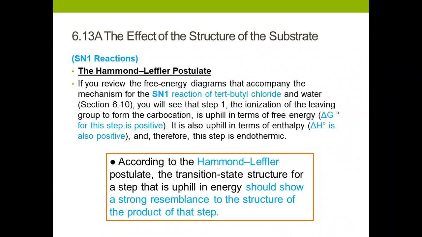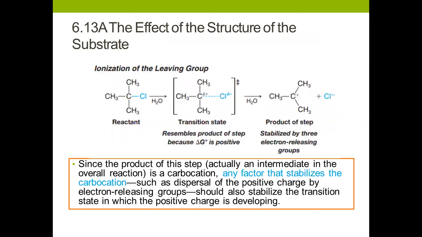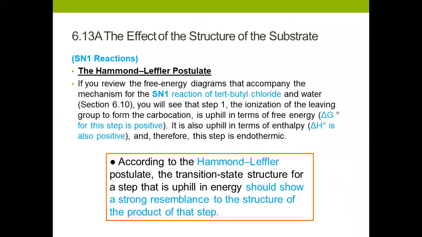So for SN1 reactions, according to the Hammond-Leffler postulate, the transition state structure for a step that is uphill in energy should show a strong resemblance to the structure of the product of that step. For example, if you remember, in the SN1 reaction the first step would always be the formation of the carbocation.